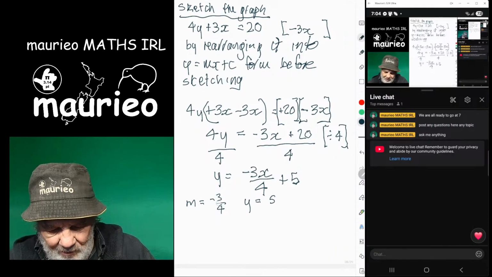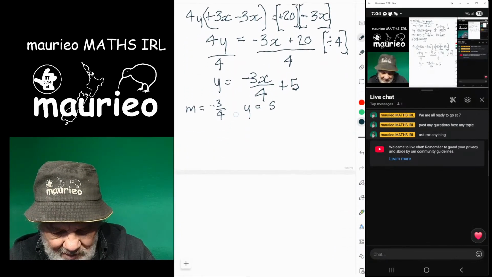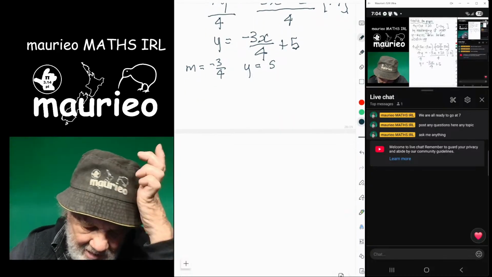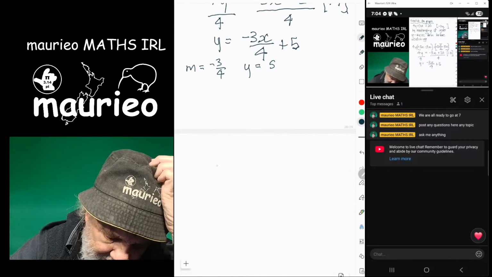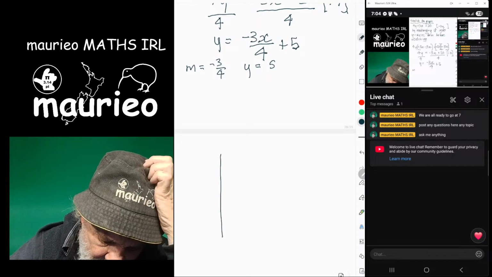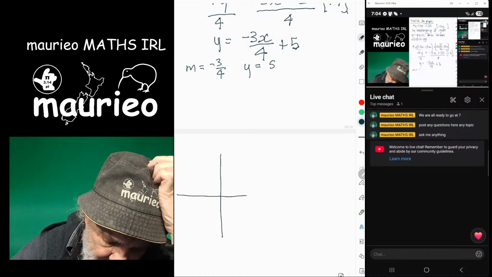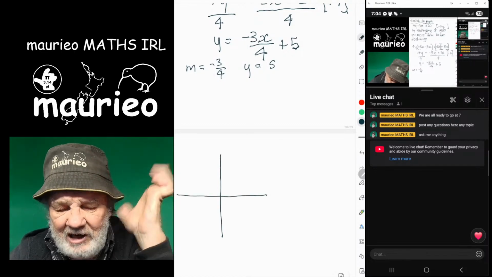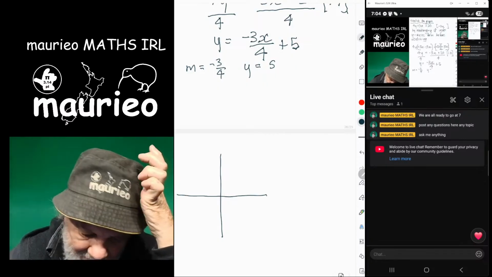So maybe we're looking at sketching this graph now. When we're sketching, we just give the minimum information.